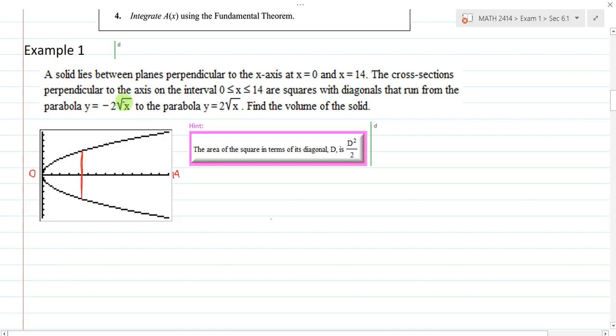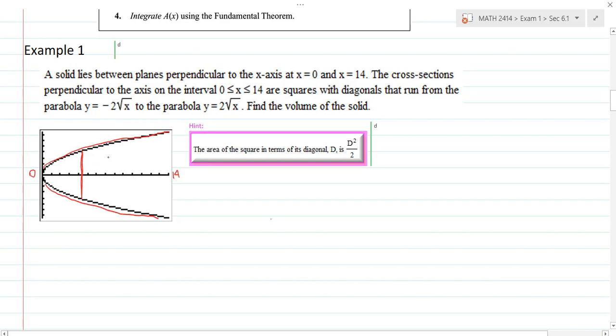The cross sections are perpendicular to the x-axis on the interval from 0 to 14, and the shape is going to be a square where the diagonals run from the parabola y equals negative 2 square roots of x, that's this parabola down here, and y equals positive 2 square roots of x. So these are going to be the upper and the lower bounds for our cross section.